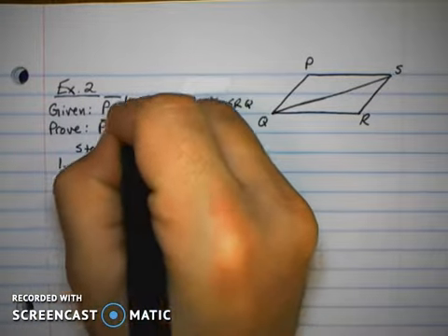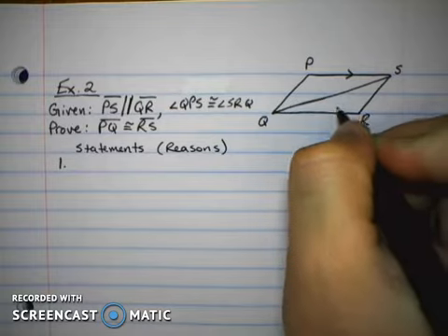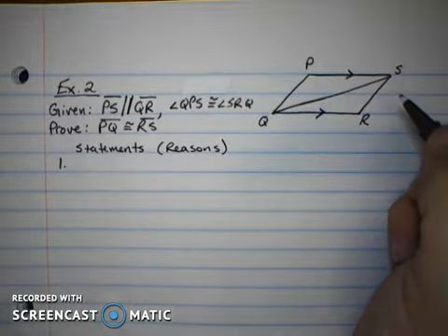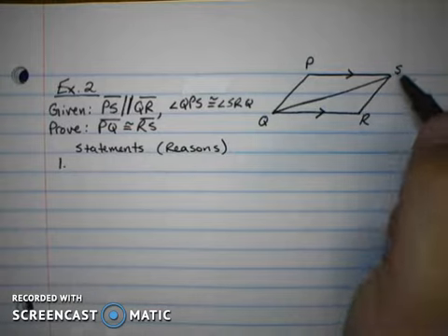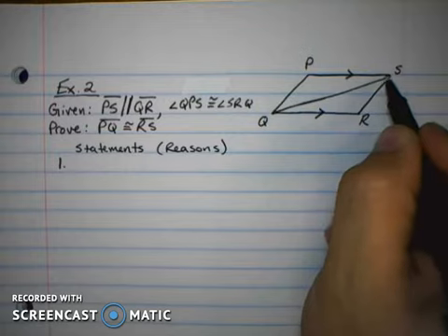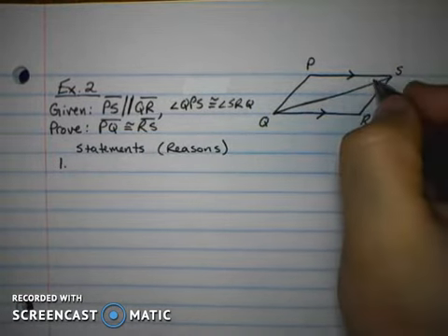Now, I need you to remember that parallel lines PS and QR should tell us that certain angles are congruent. And what I want you to notice in this diagram is that segment QS can act as a transversal. Okay?